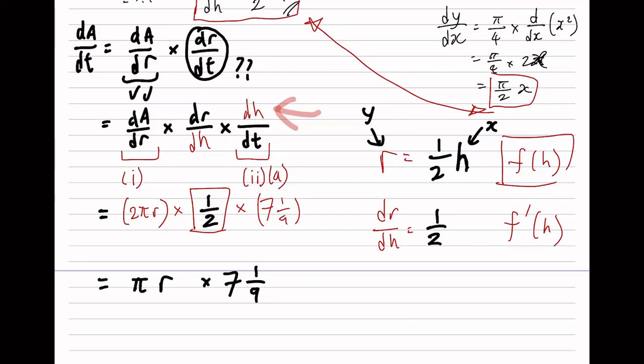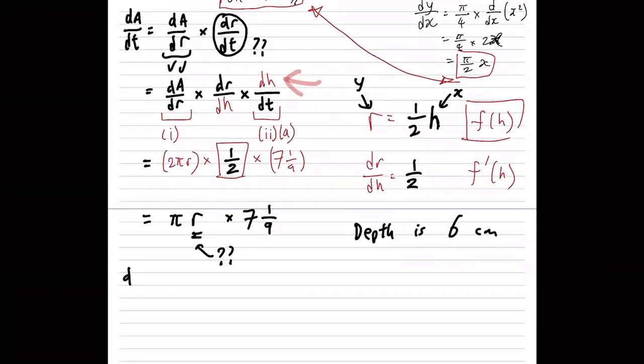But what's r? We are only given depth is 6. How do you find r? What do you have to sub in with? We are only given dA by dt given h equal to 6. What is depth again? Sorry, it's h, right? So this is really h equal to 6.